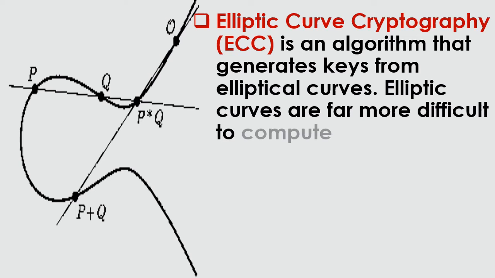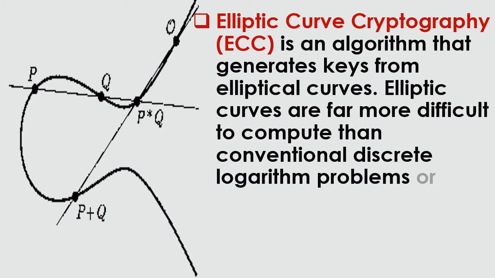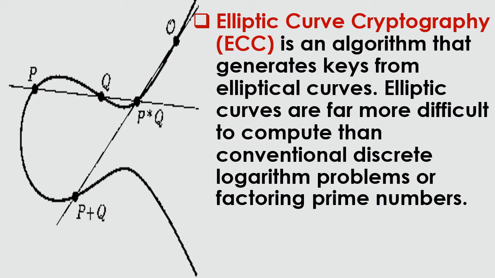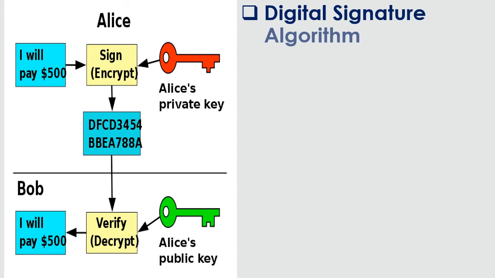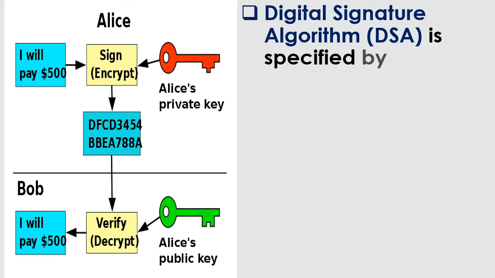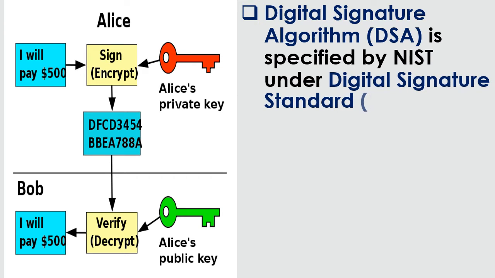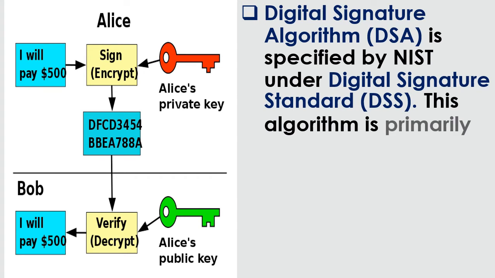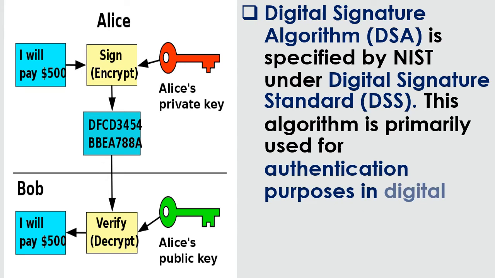Elliptic curves are far more difficult to compute than conventional discrete logarithm problems or factoring prime numbers. Digital Signature Algorithm, DSA, is specified by NIST under Digital Signature Standard, DSS. This algorithm is primarily used for authentication purposes in digital signatures.